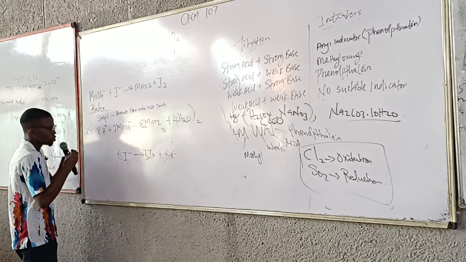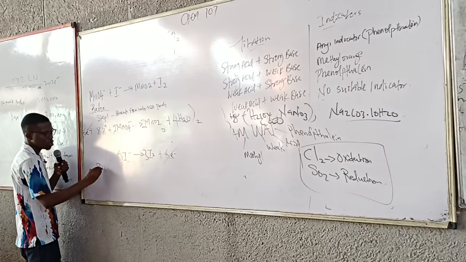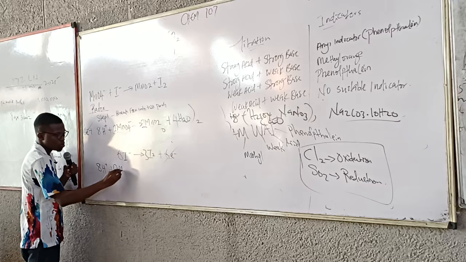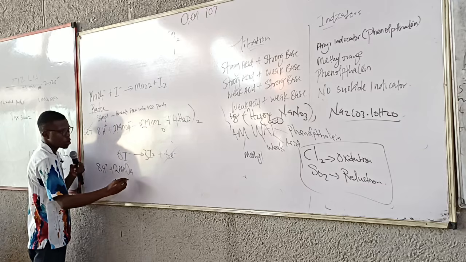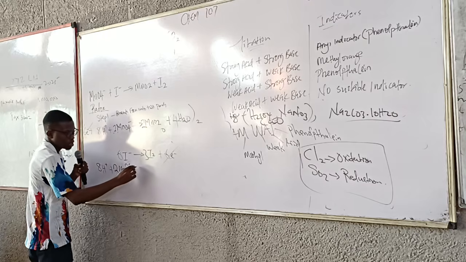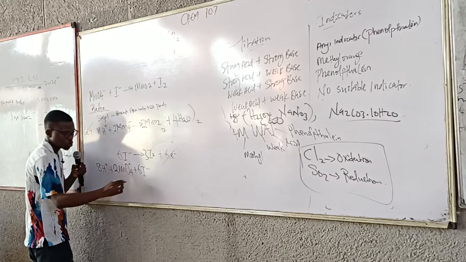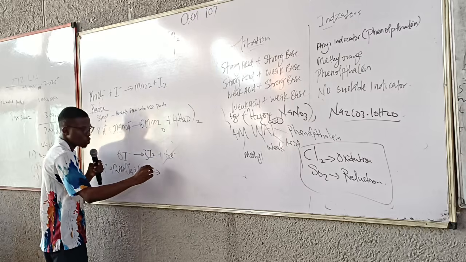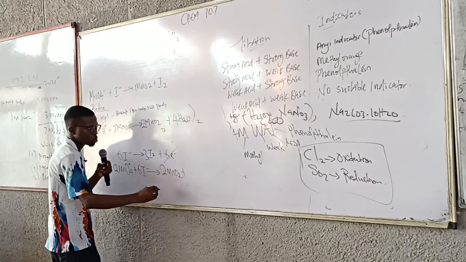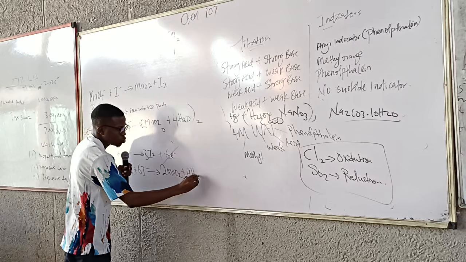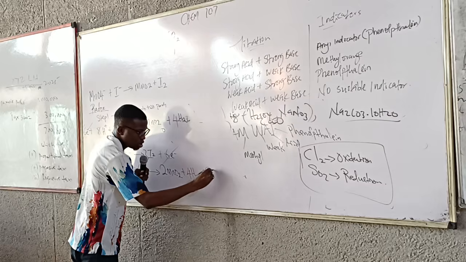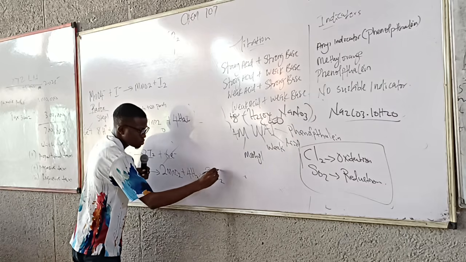So I will now say 8H plus, 2MnO4 minus, plus 6I minus to give me, then you come back to the top, 2MnO2 plus 4H2O, plus, you now add this one, 3I2.